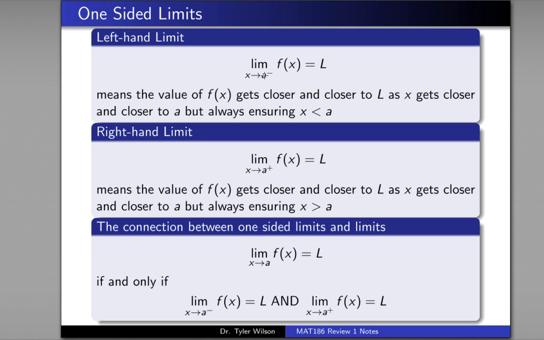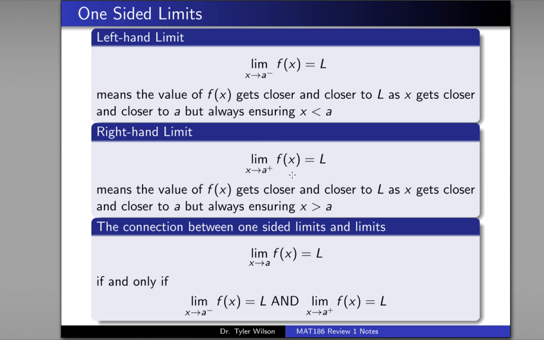So if a was, say, 2, you'd be interested in what is happening when x is 1.9, 1.99, 1.99999. The numbers that you're using are always smaller than a. If that equals a limit L, we say that the left-hand limit is L.